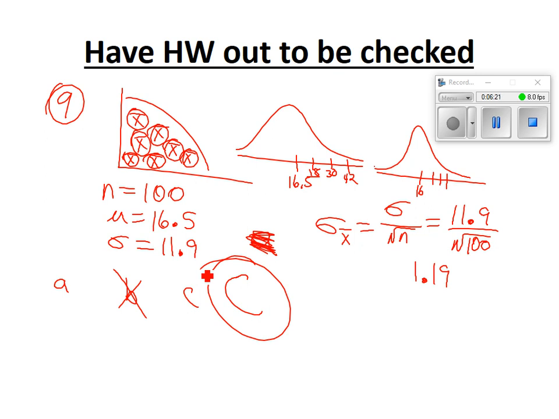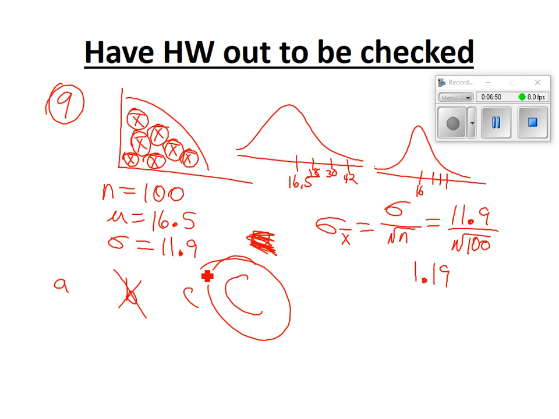As the size goes up, does the mean change? No. What does change? The size of the sample. All right. What happens to the standard error as the size of the samples go up? It goes down. So that one was false.